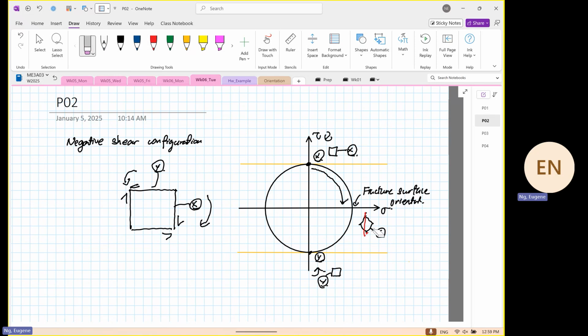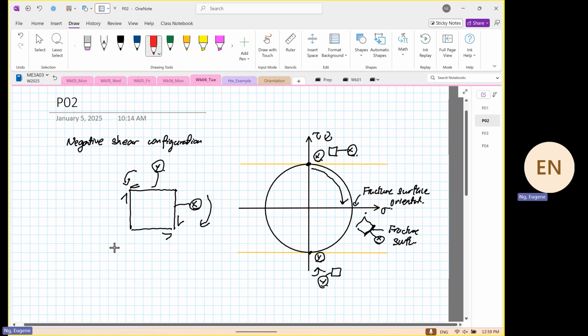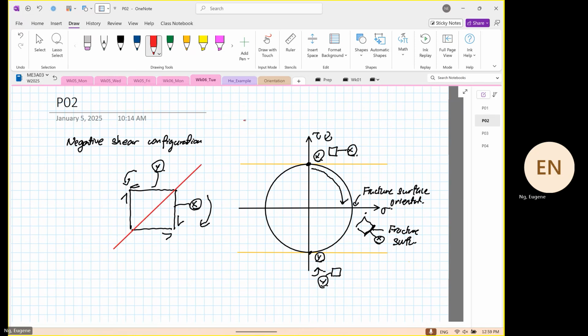No, that's not our fracture surface, sorry. So we rotate this as our X, and then this is our fracture surface. So now our fracture surface will go this way, i.e. from X it is going to rotate in a clockwise manner by 45 degrees.